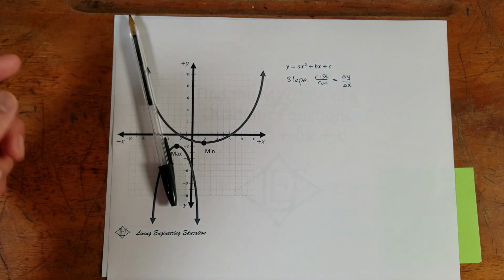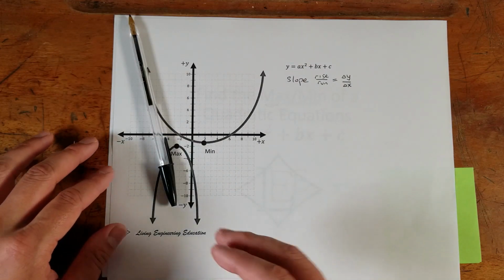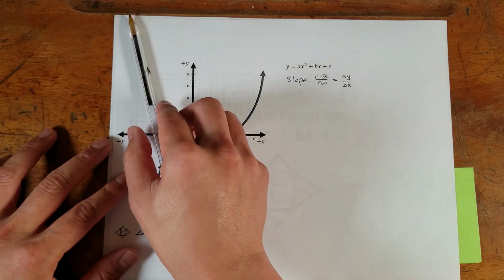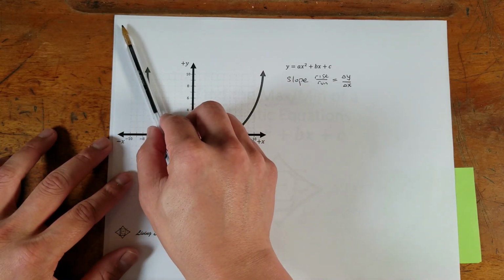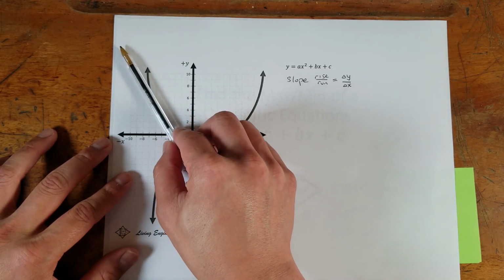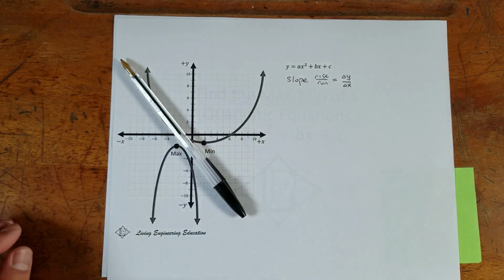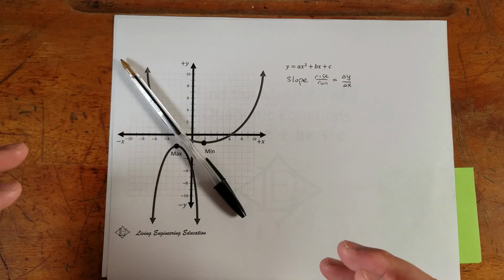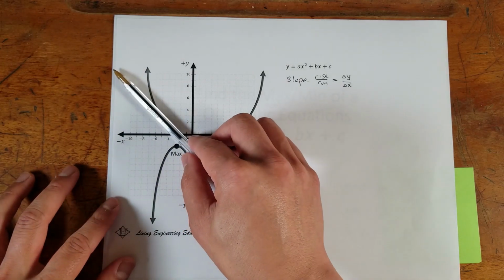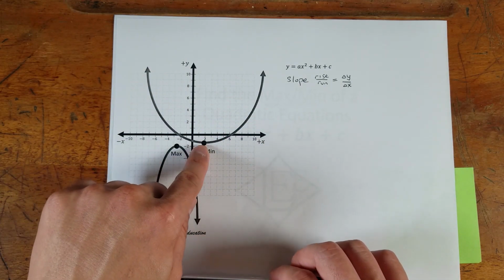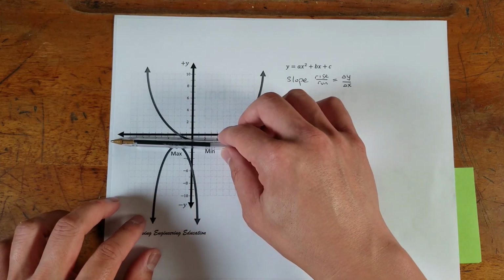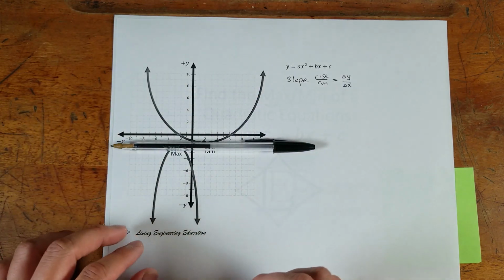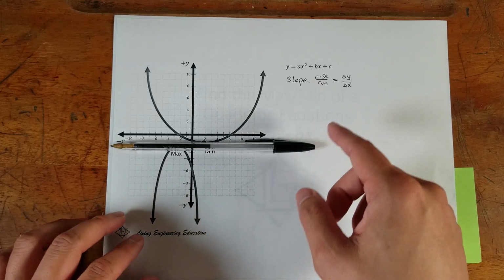It's a relatively large negative slope. As I move tangential to this parabolic curve in the x direction, the slope gets closer and closer to 0. The negative value gets smaller and smaller until when we reach the minimum, it's perfectly horizontal, which represents a 0 slope.